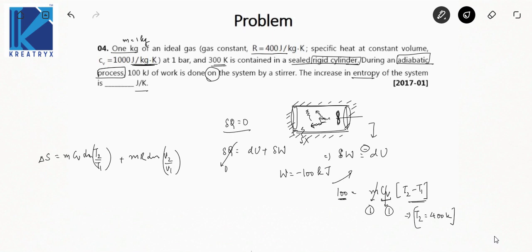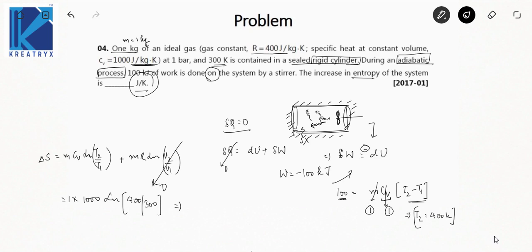V2 is equal to V1 because it is a sealed rigid cylinder. This becomes 0. m is 1, Cv is 1000 because you have to give the answer in joule per Kelvin. ln 400 upon 300.